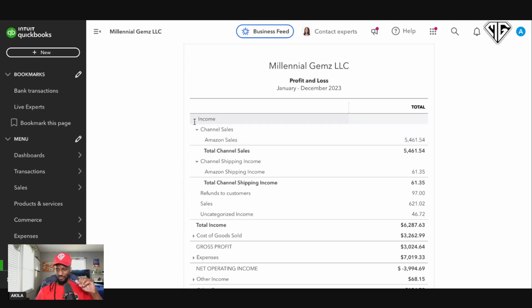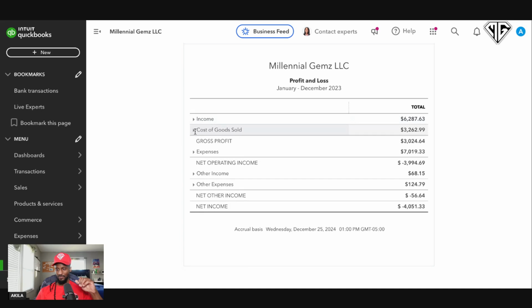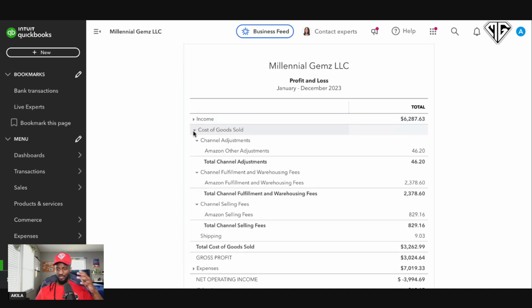Your next section is your COGS, your cost of goods sold. All this means is anything directly associated with labor, making the product, or buying the product so that you can sell it.